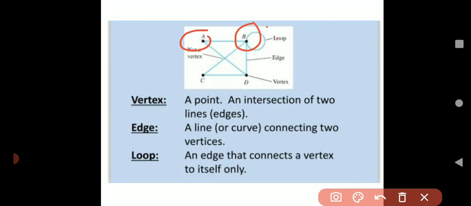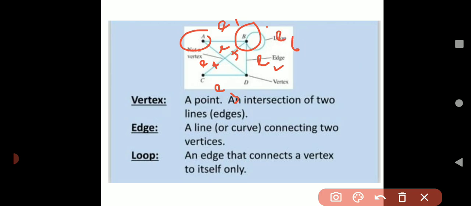Here, an edge is noted as E1 and the edge of BD is E2 and the edge of CD is E3 and CB is E4 and AD is E5 and this loop is E6.